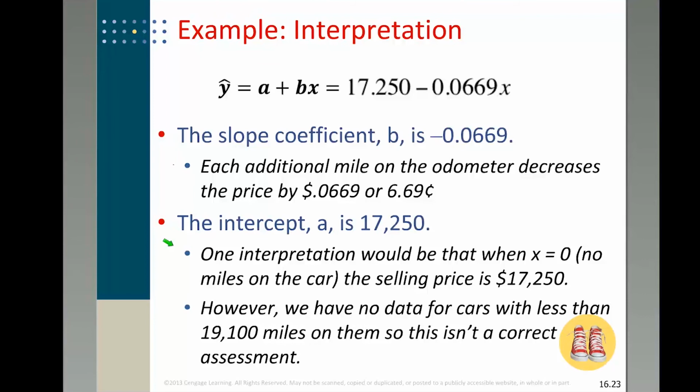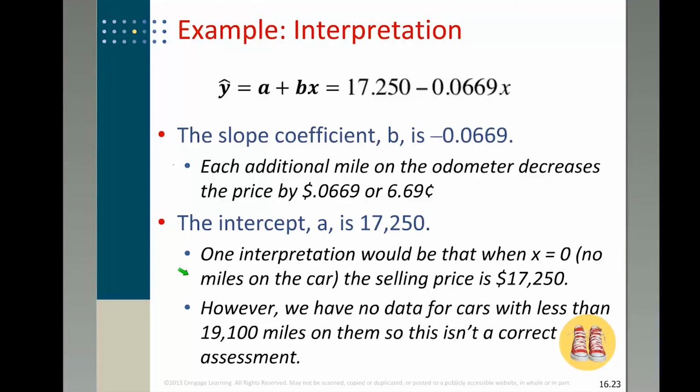Can we say, well, typically for the y-intercept, we say it's the value of y when x is equal to 0. But can we say that when there's 0 mileage on the car, the selling price is around $1,700? It may sound reasonable to a certain extent, because if you think about a new Toyota Camry, it's around $1,700.